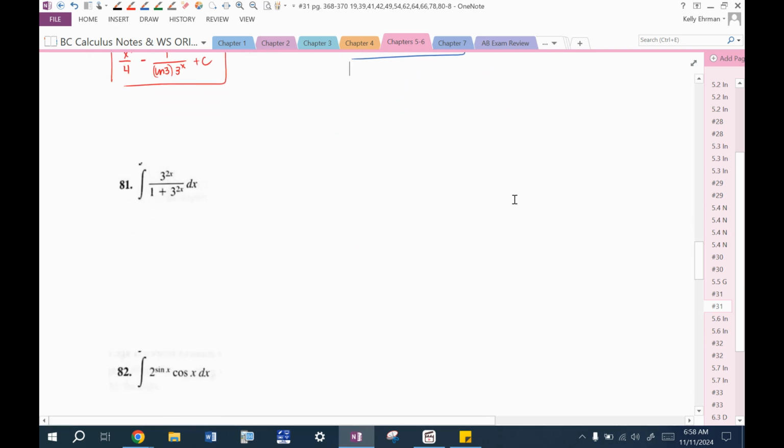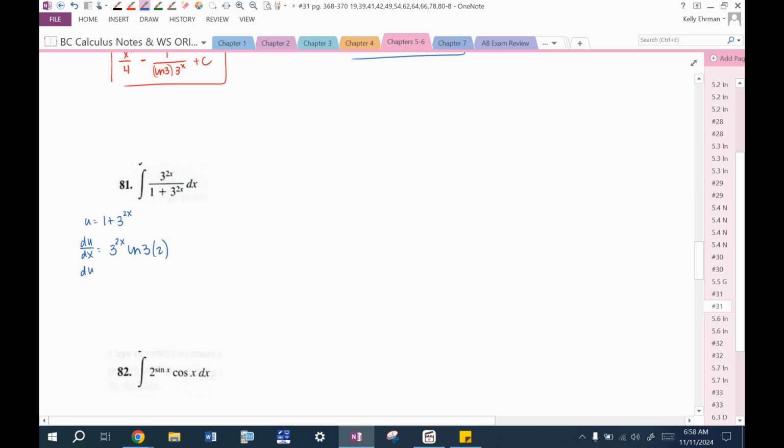All right, for the next one, I'm going to let u equal the denominator, 1 plus 3 to the 2x. And then du dx would be 3 to the 2x times natural log of 3 times 2.